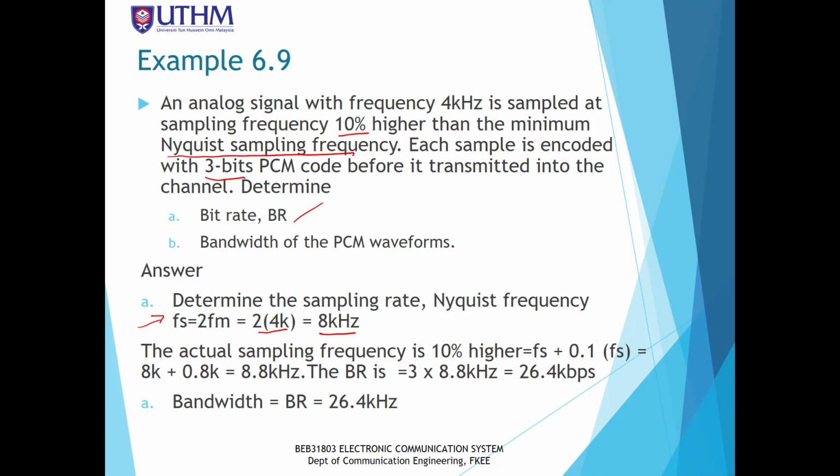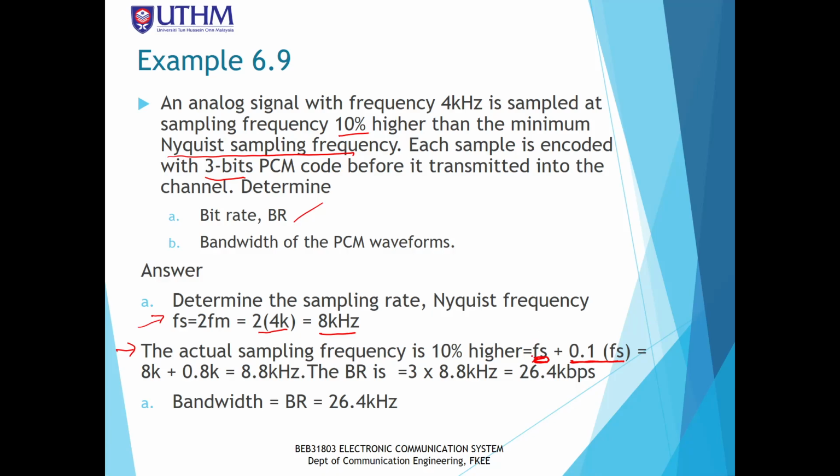So the actual sampling rate is given in the question that 10% higher. That means the actual sampling rate is the sampling frequency Fs plus 10% of the sampling frequency, because it is 10% more than the minimum.